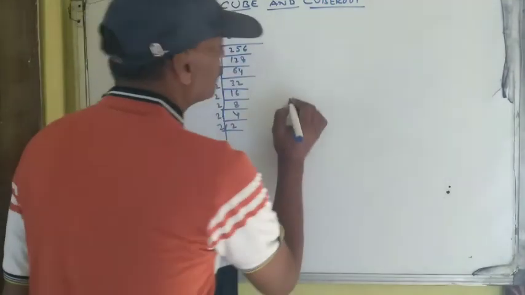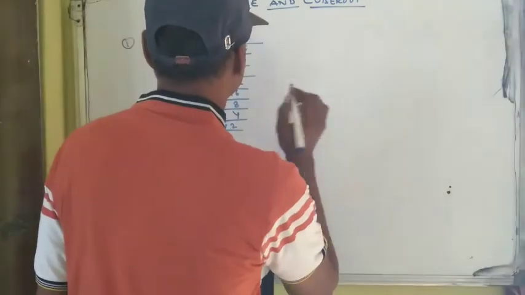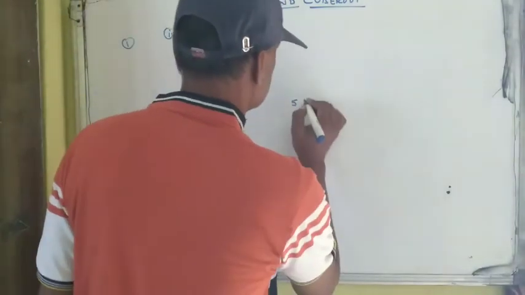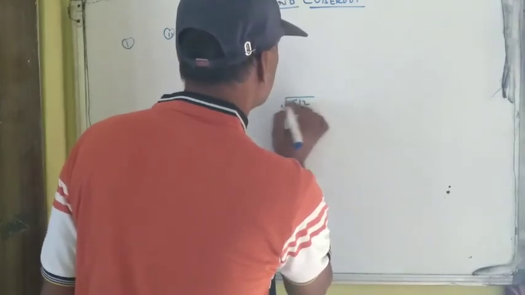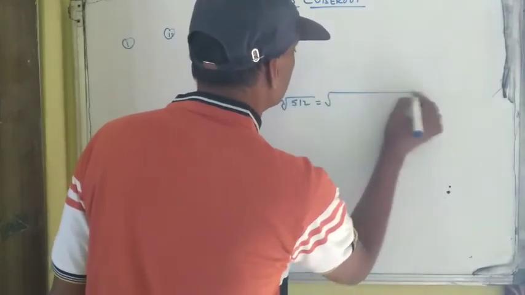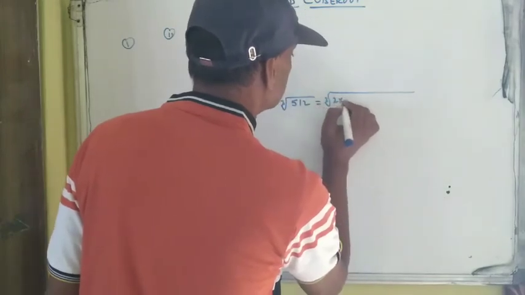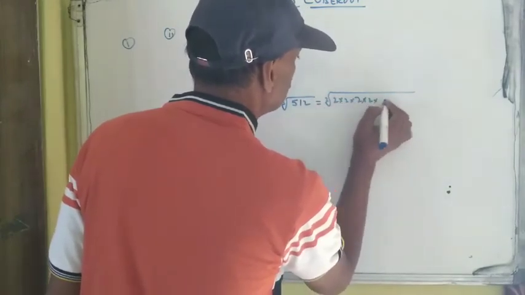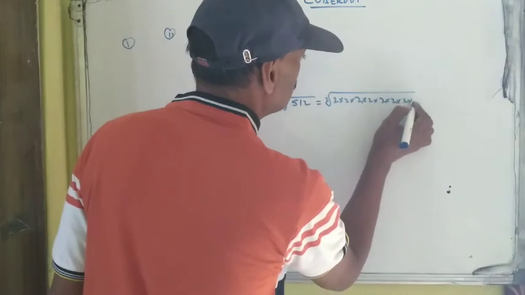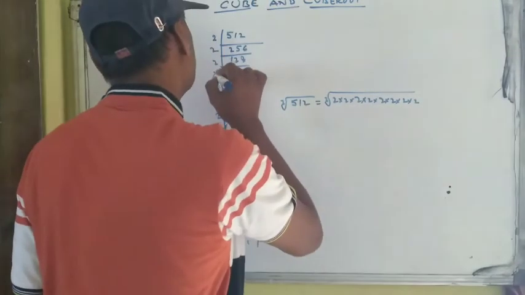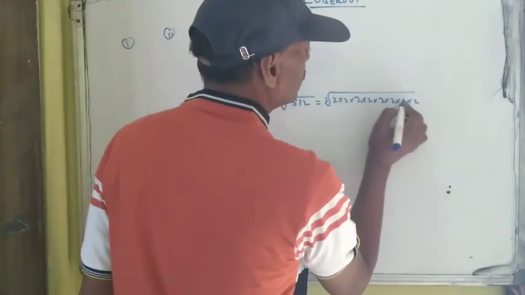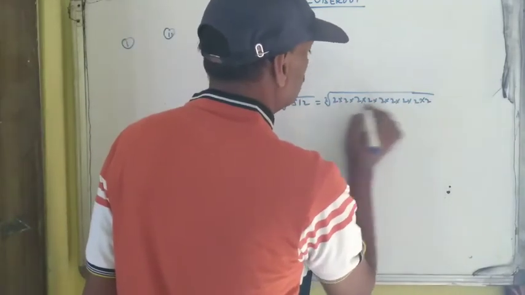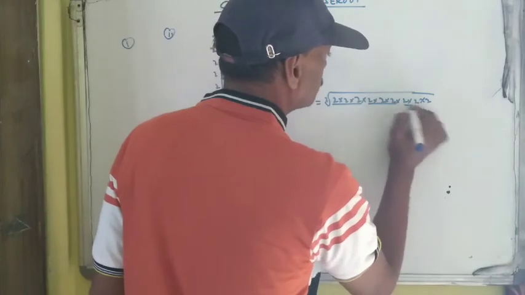Okay, so we got it here. The cube root of 512 equals the cube root of 2 written nine times: 1, 2, 3, 4, 5, 6, 7, 8 and 9. And now make the groups of threes.